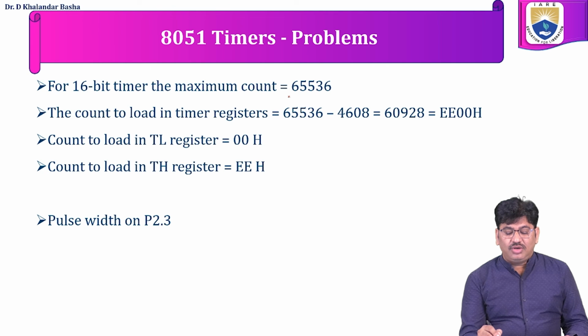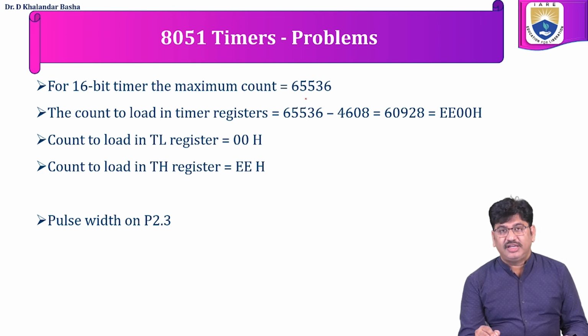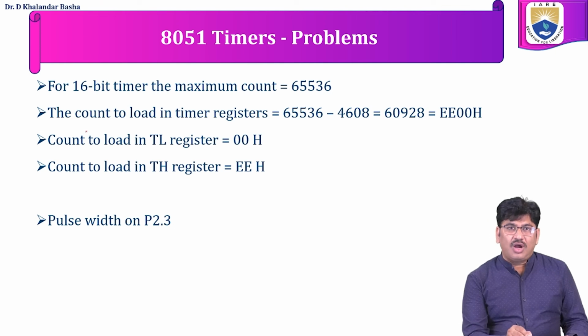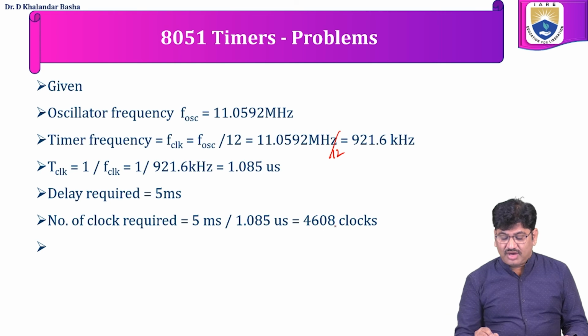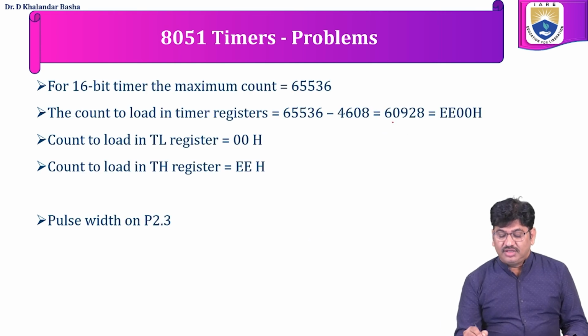The maximum count in the register for 16-bit is, in decimal, 65,536. The count to be loaded into the TL registers or TH registers is 65,536 minus the number of clock pulses required, 4608. So which will give 60,928 in decimal. In hexadecimal, it is equivalent to EE00H.